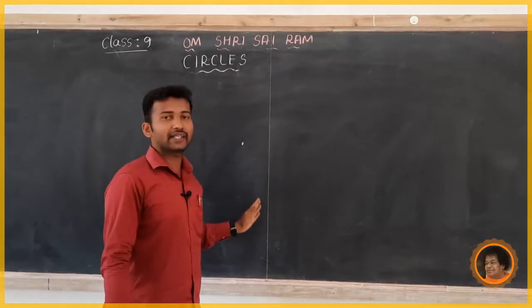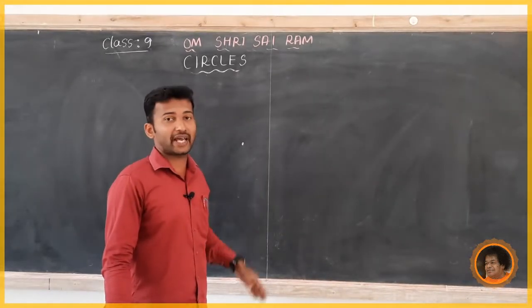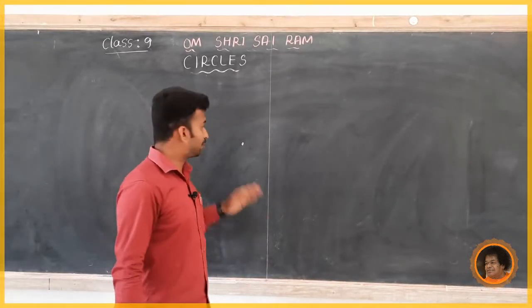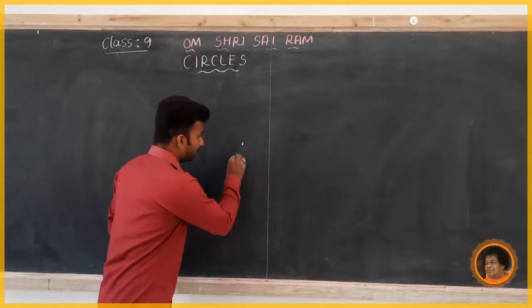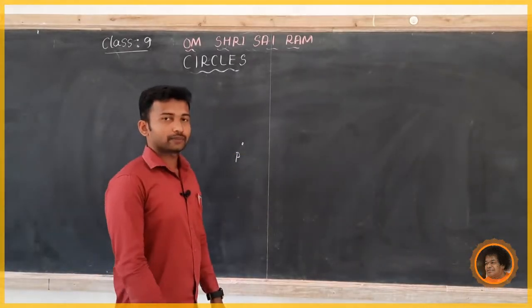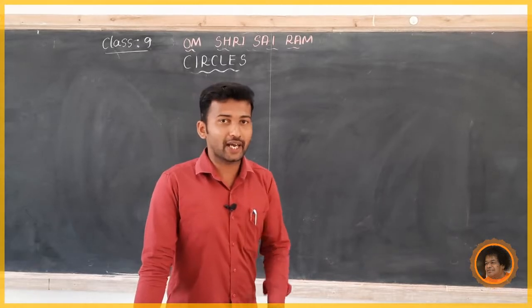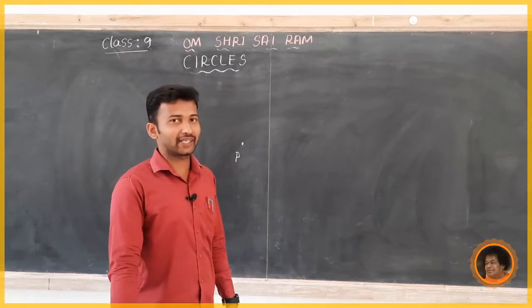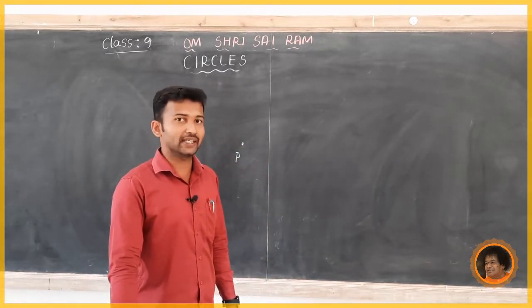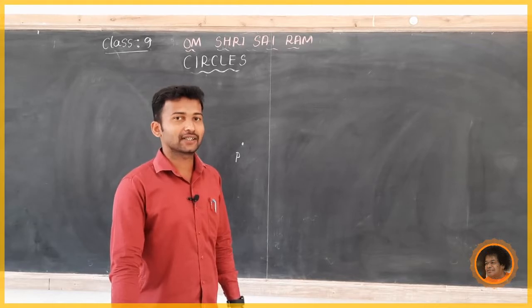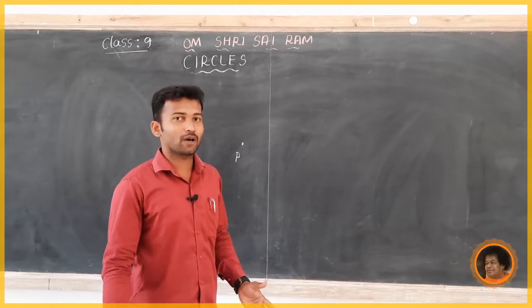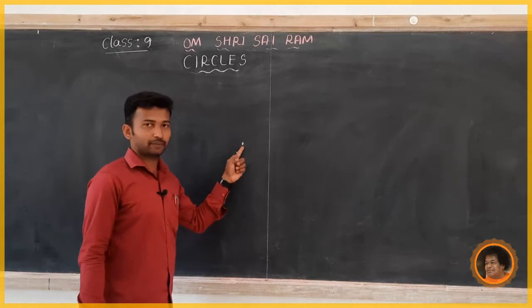Yes, infinitely many straight lines pass through this point P. Naturally, a question arises in your mind: how many circles can we draw using this point P?